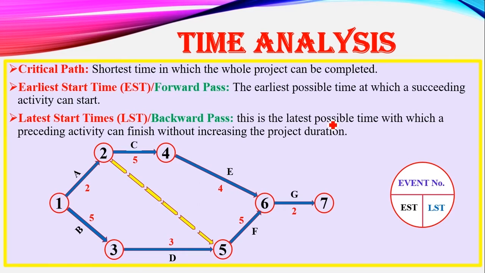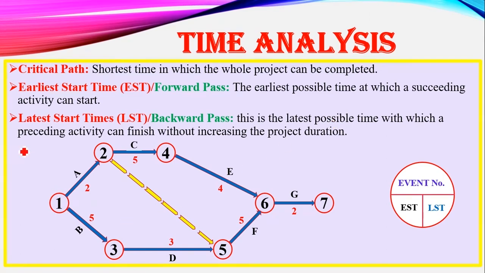If digging foundation takes 10 days, then the earliest that you can start laying the blocks is after 10 days, and that is the EST. That is the earliest start time of the next activity, or what we're calling the succeeding activity. And that's why we normally use what we call forward pass, because it is the succeeding activity following, the activity that is coming next.